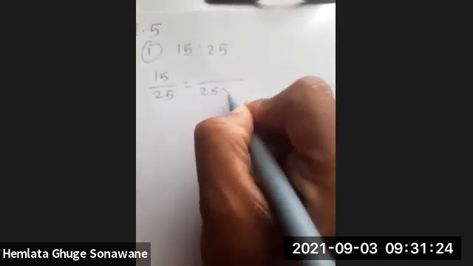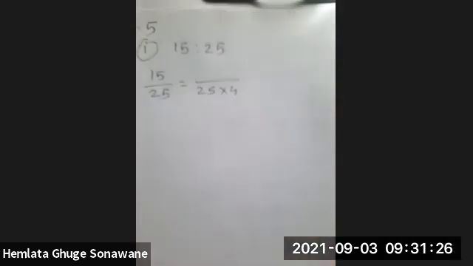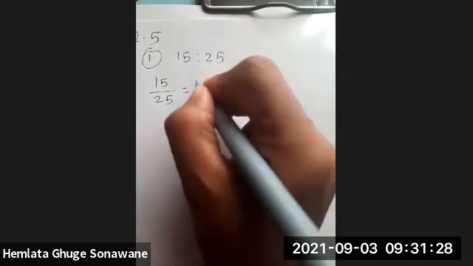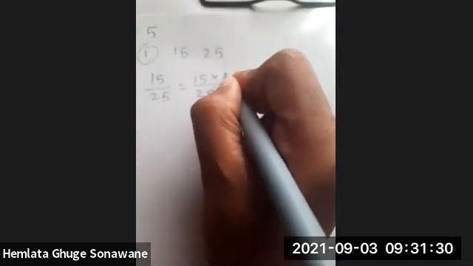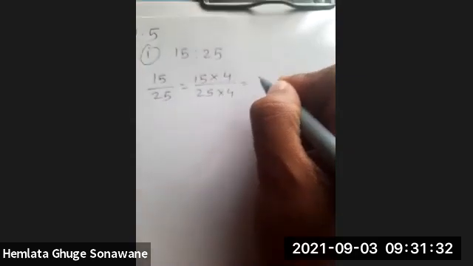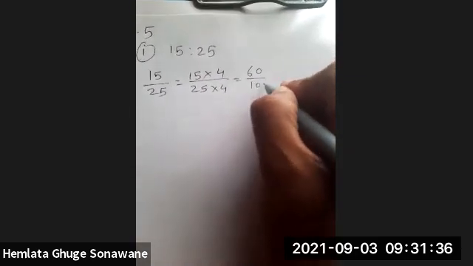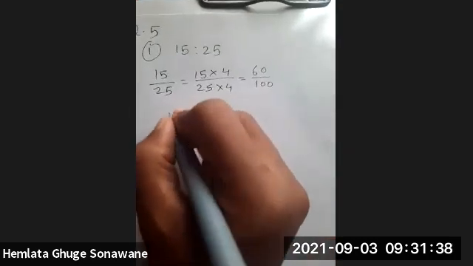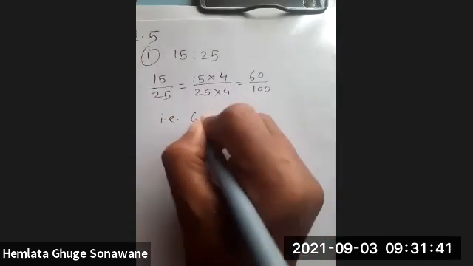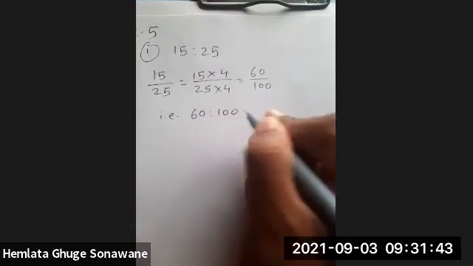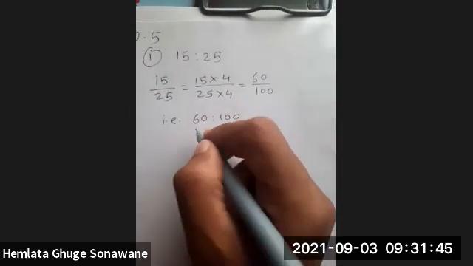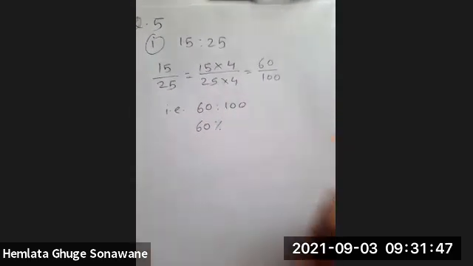So we know that 25 times 4 is 100. Here also we'll multiply 15 with 4. So it becomes 60 upon 100. That is 60 as to 100 or 60%.